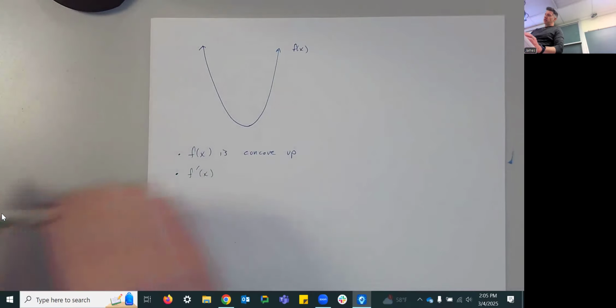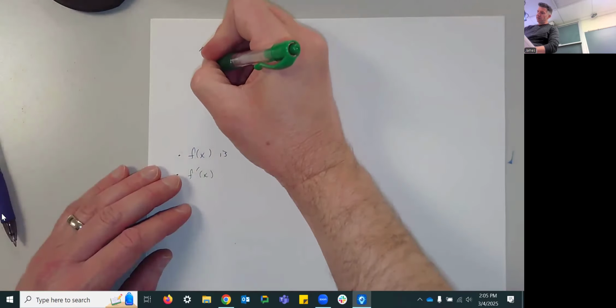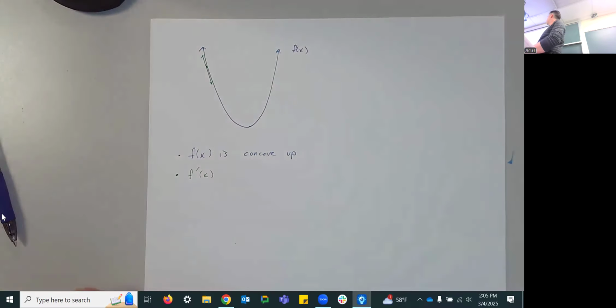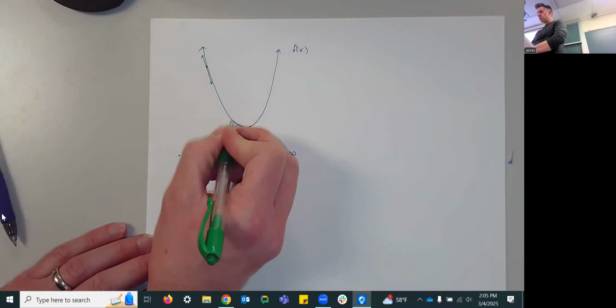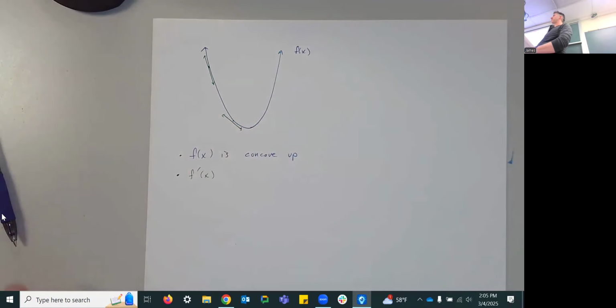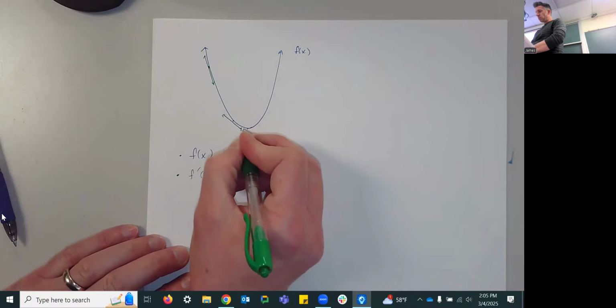Over here, way on the left, the derivative looks pretty negative. As we move to the right, are we more negative or less negative? Less negative, okay.